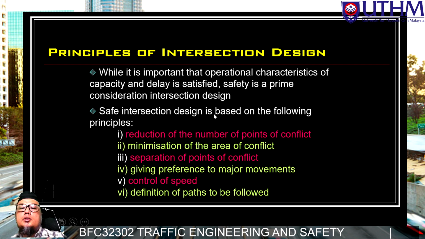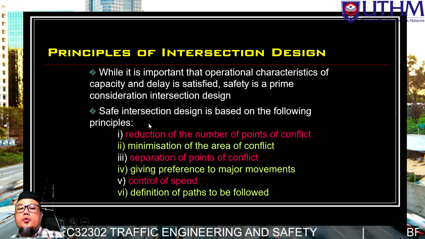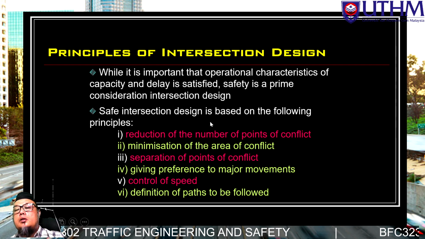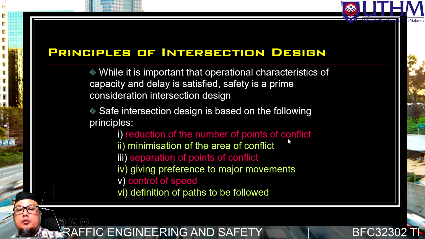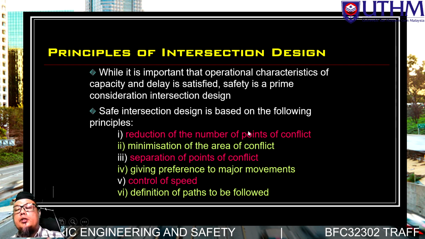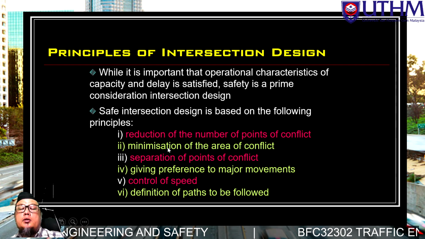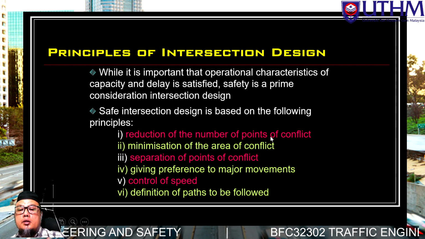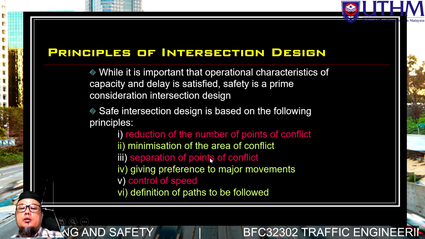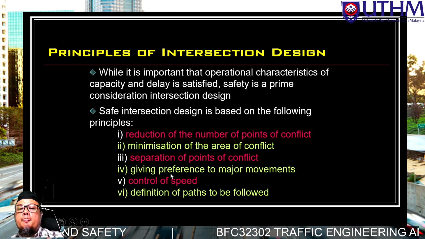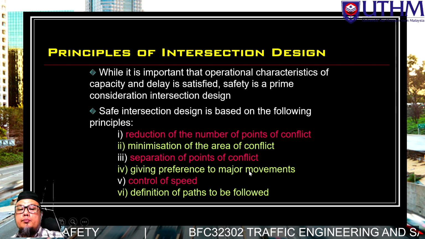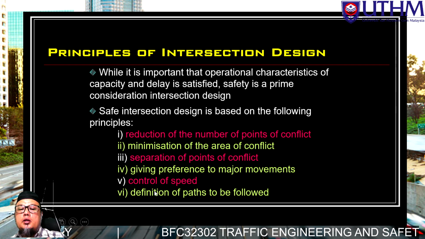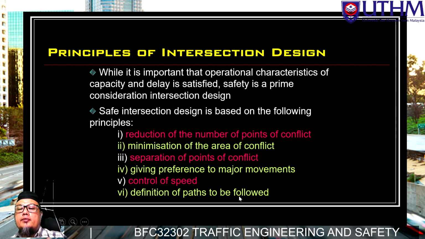Okay, safe intersection design is based on the following principles. Reduction of the number of conflict points, so we have to reduce the number of conflict points. Minimize the conflict area. We have to separate points of conflict, giving preference to the major movement, control the speed, and define the path to be followed.